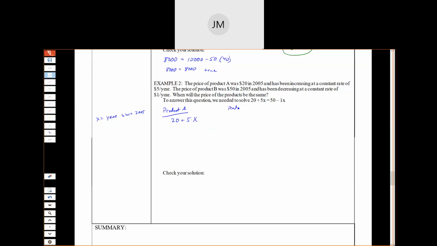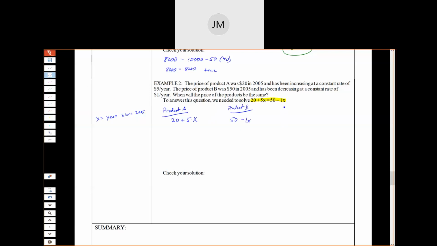Product B started at $50 and it's going to decrease, so I'm going to subtract $1 for every year since 2005. And what we want to do is find out when the price is going to be the same. So if I have an expression for price, then I just want to solve when those two expressions are equal. Okay, and that's how we get the equation that we have here.